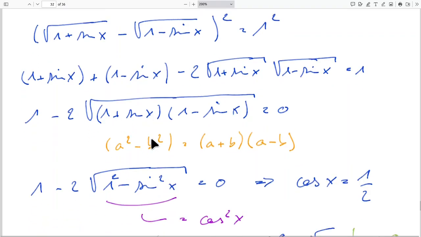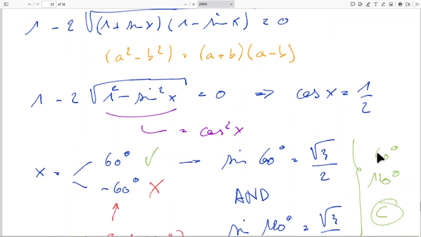So 1 squared minus sine squared, 1 minus sine squared is cosine squared, and the root of that is obviously the cosine. So you get 1 minus 2 cosine of x, sorry, equals 0, or cosine x is 1/2.